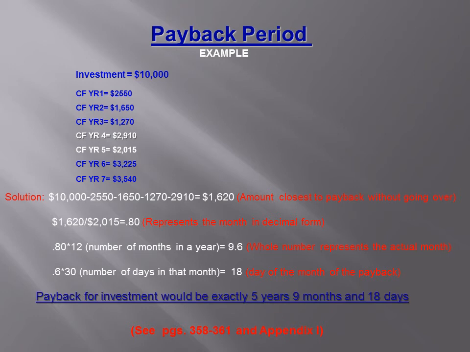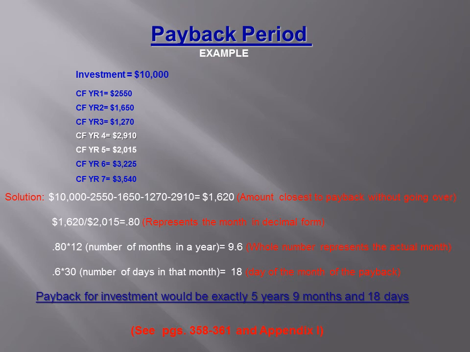So you would have to take your initial investment and subtract each year's cash inflow. So $10,000 minus $2,550 minus $1,650 minus $1,270 minus $2,910 would give you a particular number, 1,620.